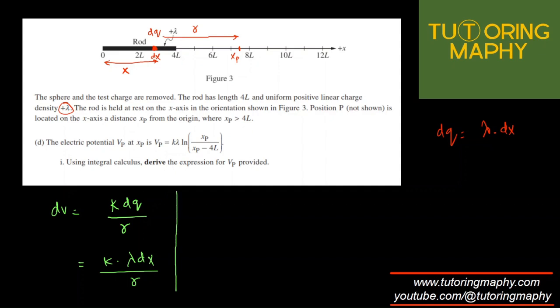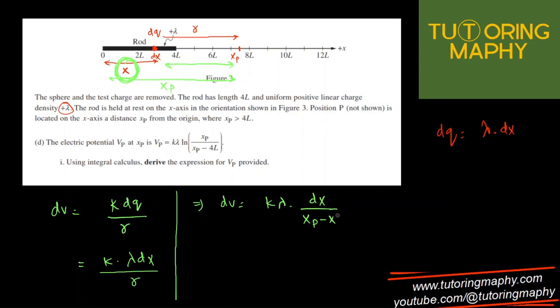We have to convert r in terms of x, which we can do, I think, because this can now be written as k lambda, which is constant. This is dx. And what is r? Don't you think r is this entire thing, which is xp minus this x? So that will give us the remaining length. So I'm going to replace r with xp minus x.